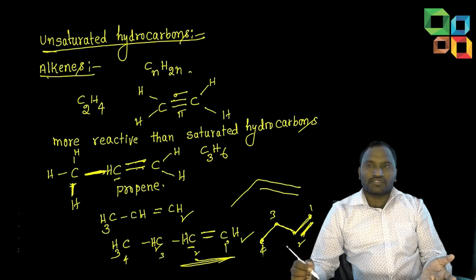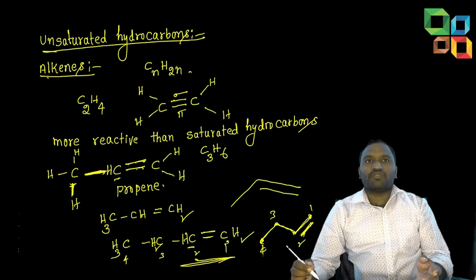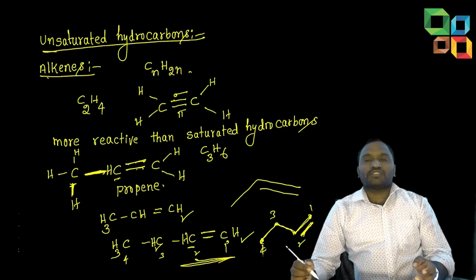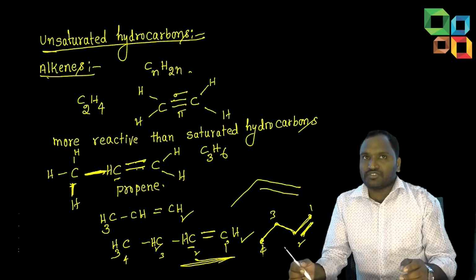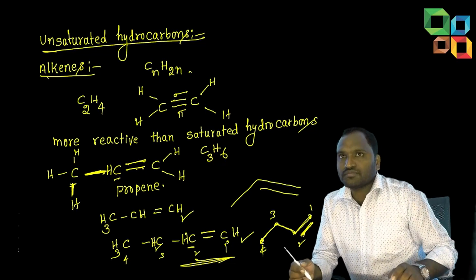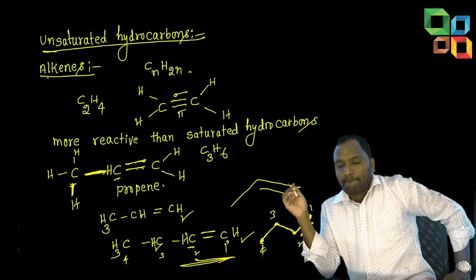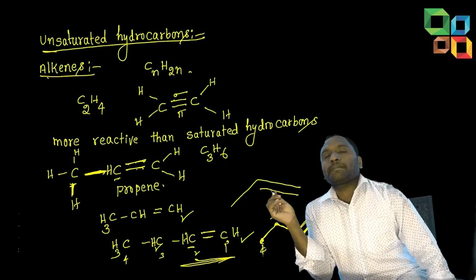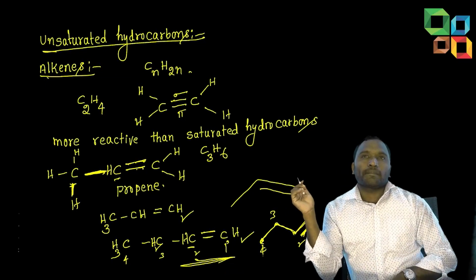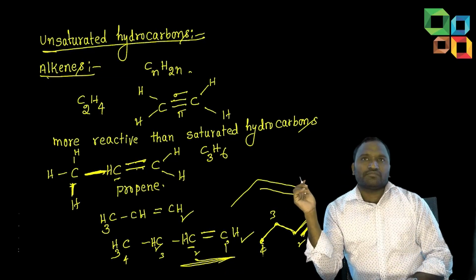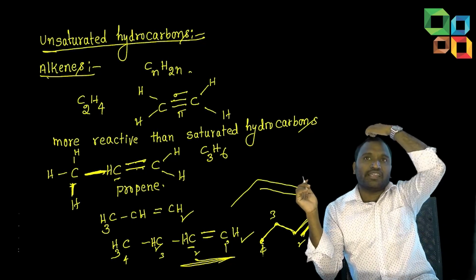That is the advantage of line structure: to draw structures easily, line structure was introduced. Sir, only between two carbon atoms will a double bond be there, not anywhere else? I mean, there will not be two double bonds, right? There can be. It depends on the molecular formula. Alkadienes, we'll say.